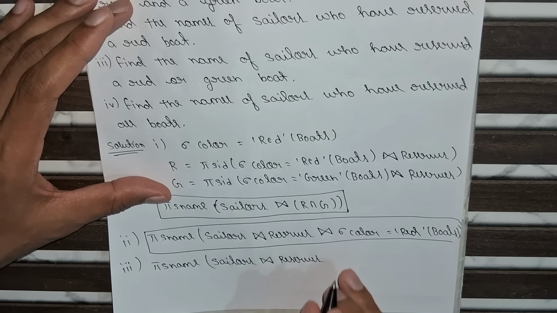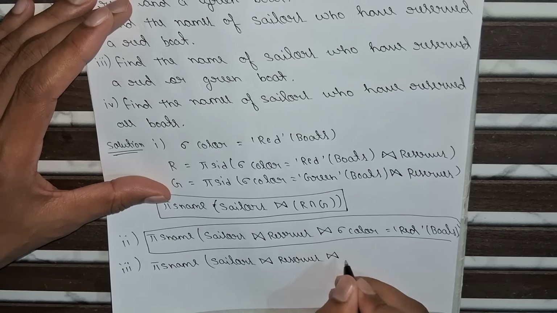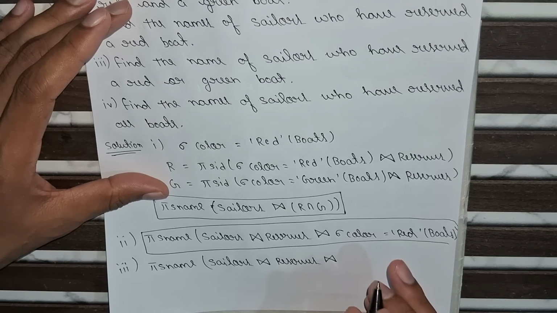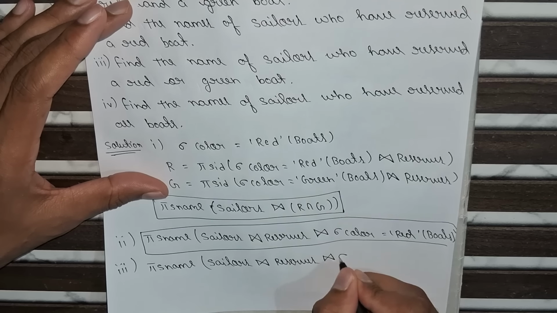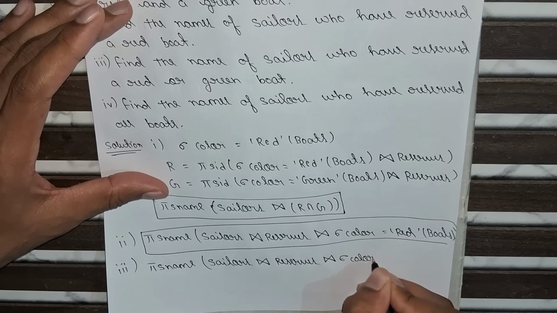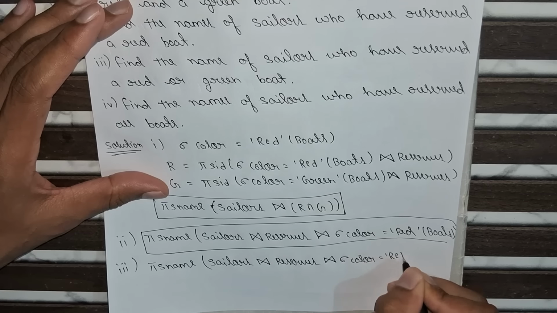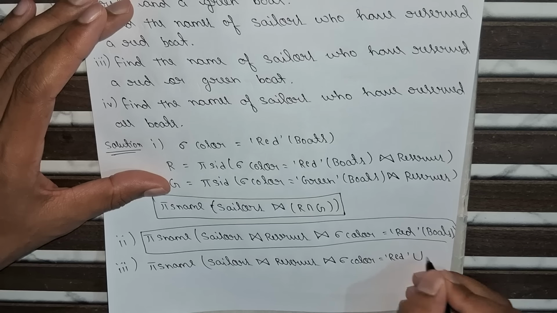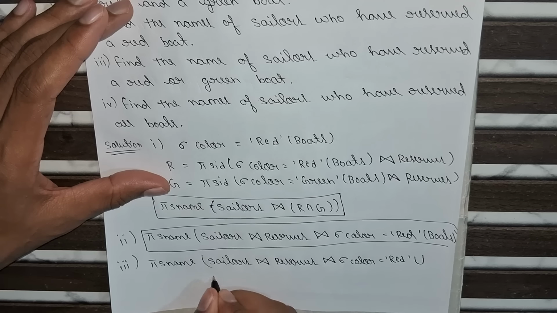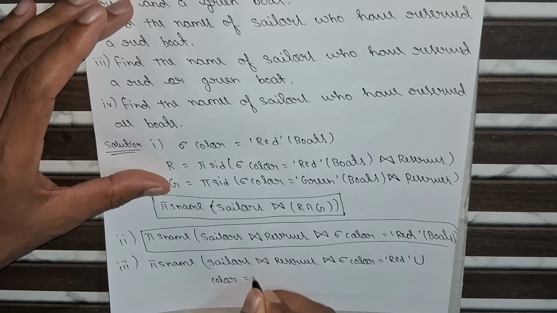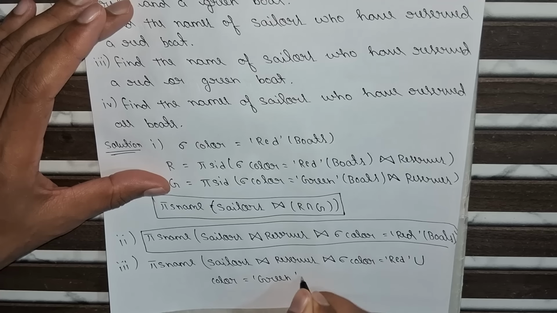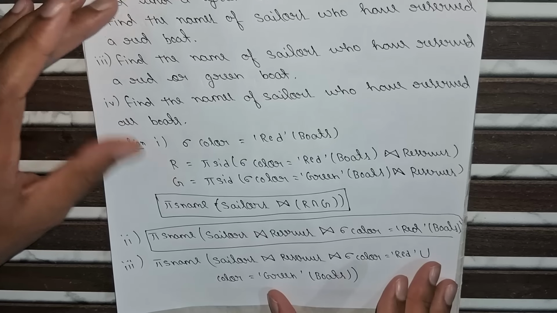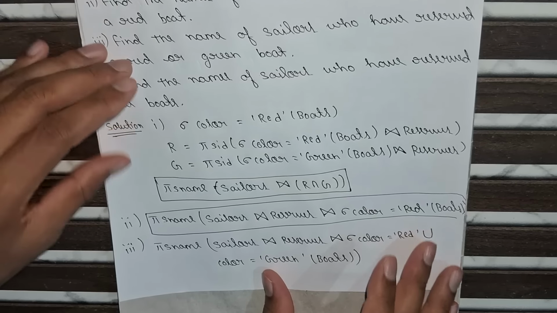Up to here it is done. Then again we will write the join operation. Then we will choose the color that is asked, red and green. So how we will write that: sigma of color equals red, or which means union, any one should be there, union. Then again we will write color equals green, and it is of boards. So we will write the boards part here, then close the bracket. So like this we will do up to the third one.